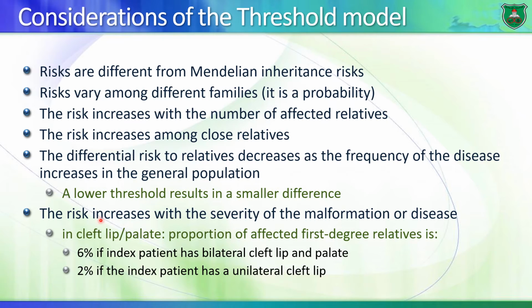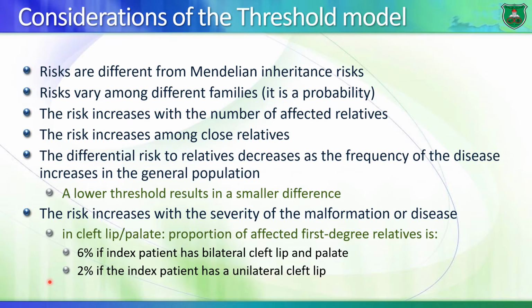Okay, so for example, there is a 6% chance for a family member to develop a bilateral cleft lip and palate than if there's a unilateral cleft lip.